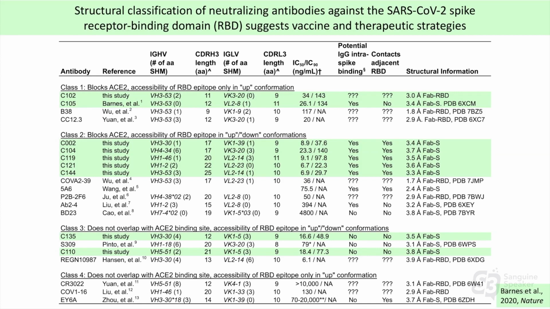Class 2 also directly blocks ACE2 binding, but it can bind to its different epitope when the RBD is either up or down. And class 3 doesn't directly overlap. Its epitope doesn't directly overlap with the ACE2 binding site, but it neutralizes by a different mechanism, and it can bind to the RBD epitopes when it's either up or down.